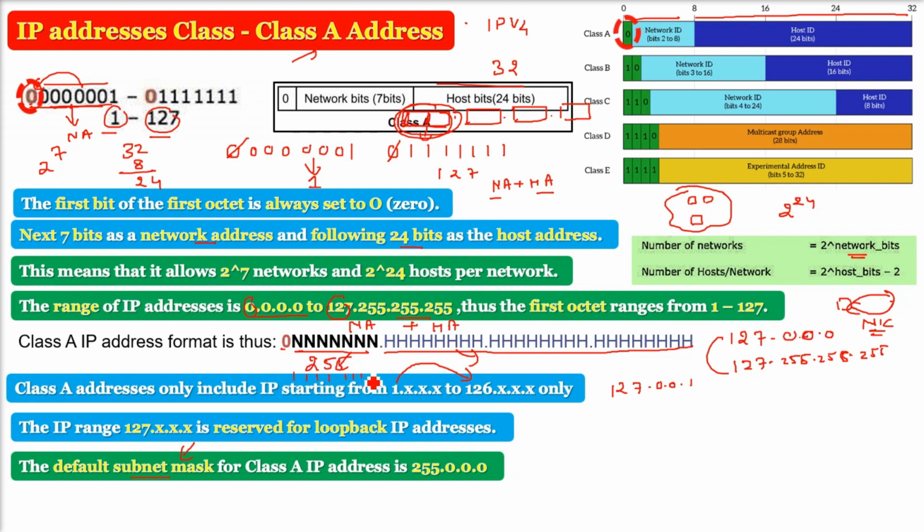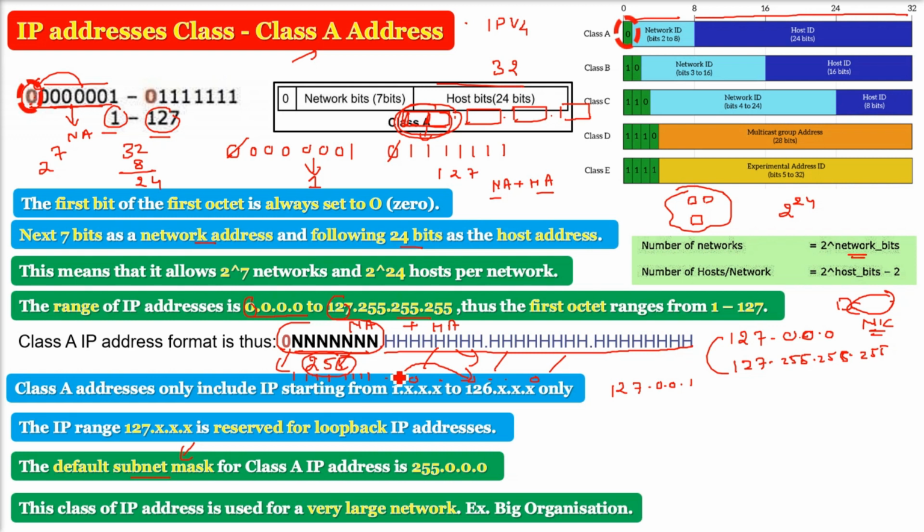For example, if you apply 255.0.0.0, 255 is all ones, so the first octet will come out as it is, and that is the network address. That is how many networks we can have. If you have a very large network, this class A address is used, for example, for a big organization.